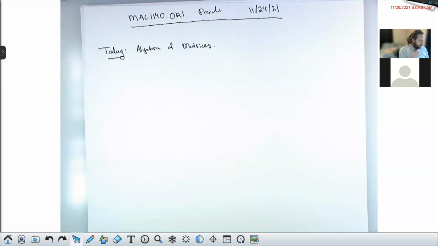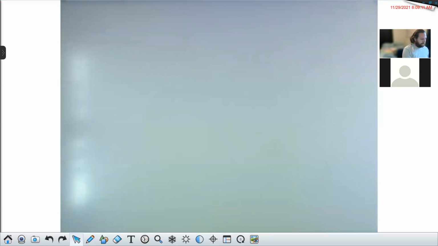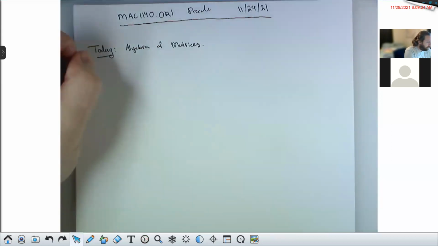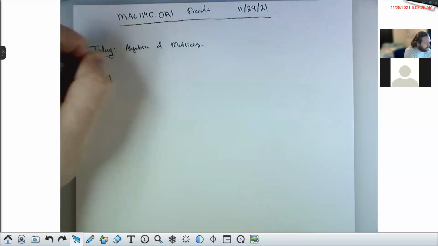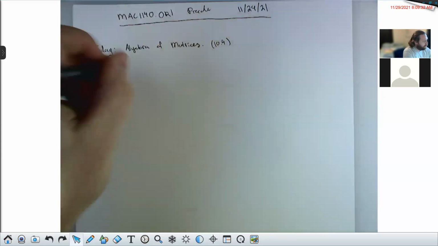And as we dive in here, I'm going to just kind of remind you how to write down the corresponding matrix for a system and the row operations that we want to do to solve a system. So I'll just say recall. This is section 10.4.